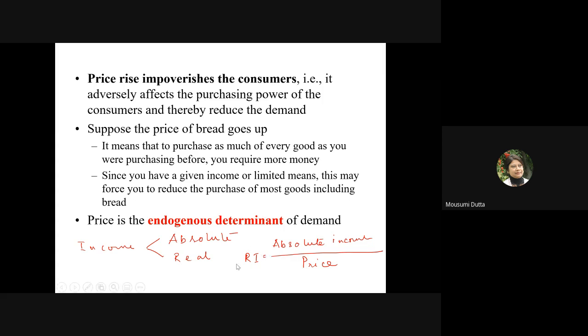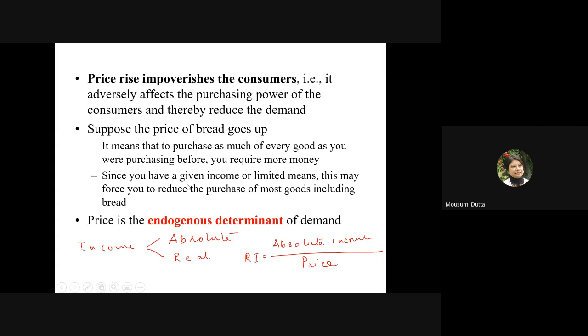The real income is falling, other things remaining constant. Real income, the purchasing power of the individual, is falling. And as real income of the individual falls, the individual needs to reduce consumption of all commodities, including the item for which there is an increase in price.